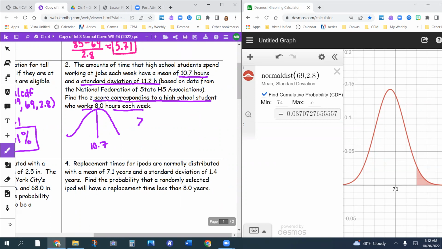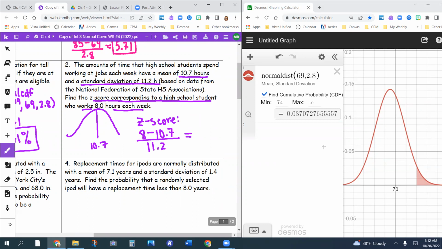Okay, so if I want the z-score, I am going to take the amount of hours, which is 8 hours. I'm going to subtract it from the mean, which is 10.7. I am going to divide it by the standard deviation, which is 11.2.